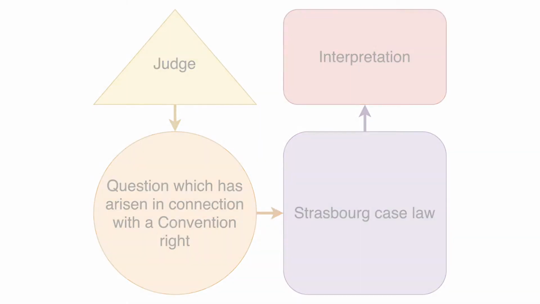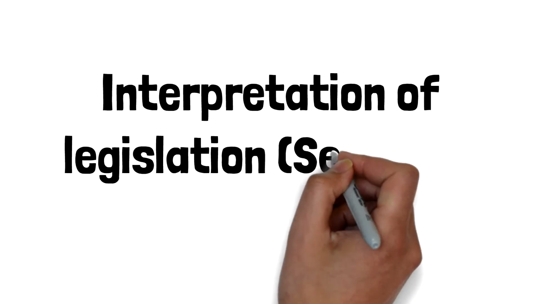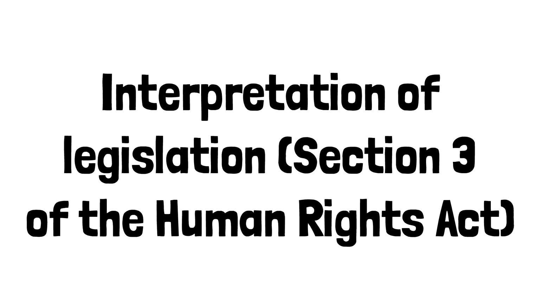So now we're going to have a look at interpretation of legislation under Section 3 of the Human Rights Act. This section requires legislation, both Acts of Parliament, primary legislation, and secondary legislation or subordinate legislation, to be interpreted so far as possible so as to be compatible with the Convention.